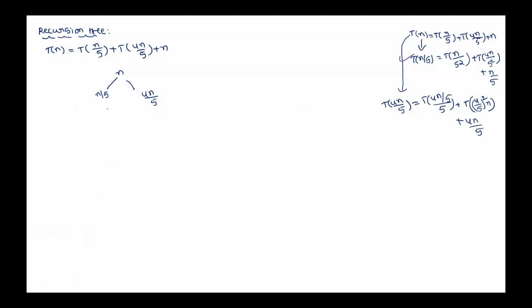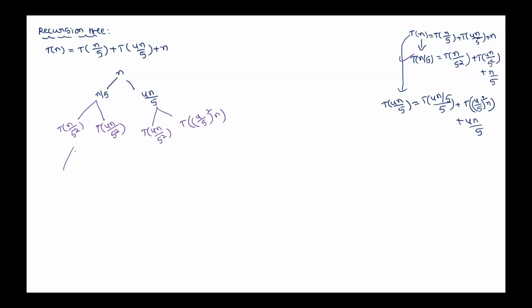T of n by 5 is n by 5 plus T of n by 5 square plus T of 4n by 5 square. Is that okay? Similarly, here, what is this value? 4n by 5 plus T of 4n by 5 square plus T of 4 by 5 whole square into n. Is that correct?